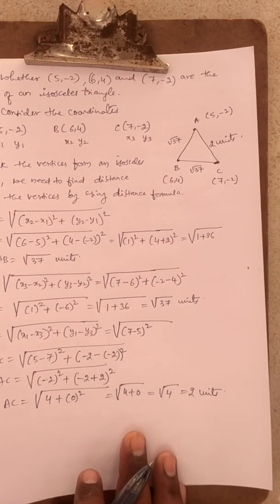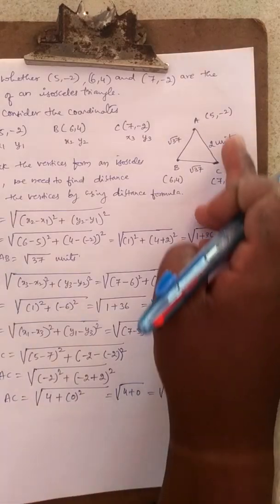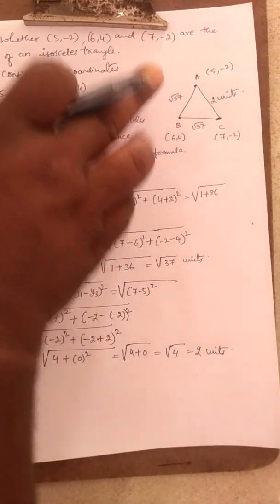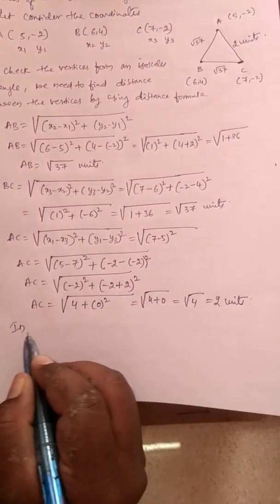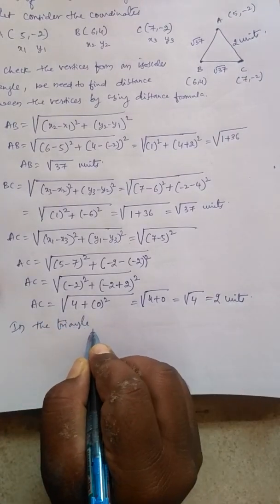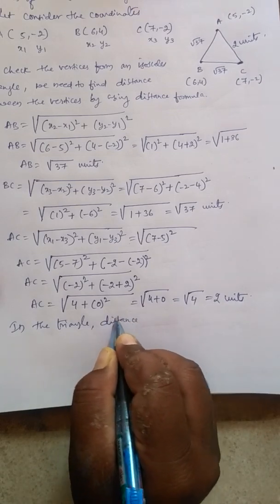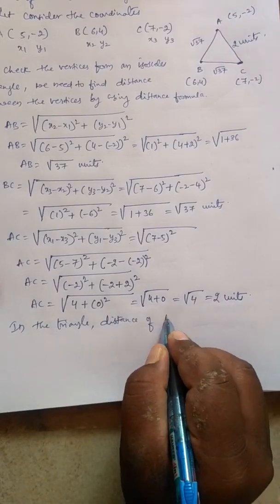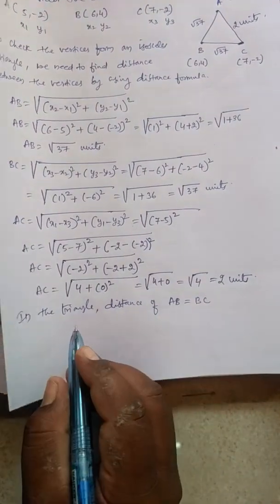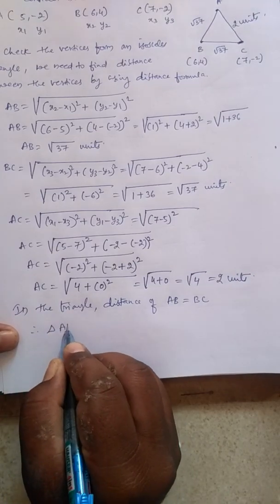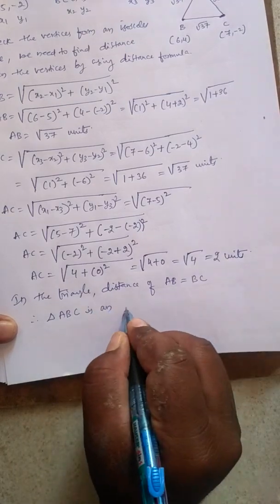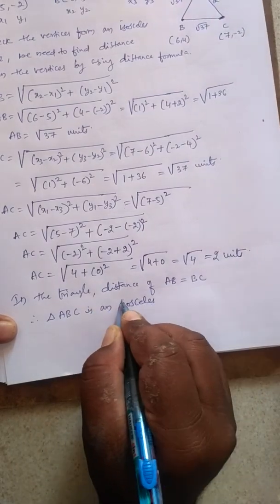So if you observe this triangle, the distances of AB, BC and CA, here in this triangle two sides are equal. The distance of AB is equal to BC. Therefore triangle ABC is an isosceles triangle.